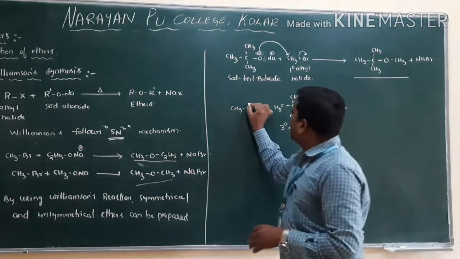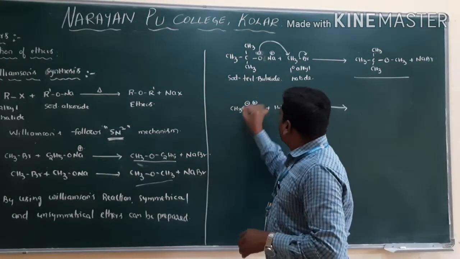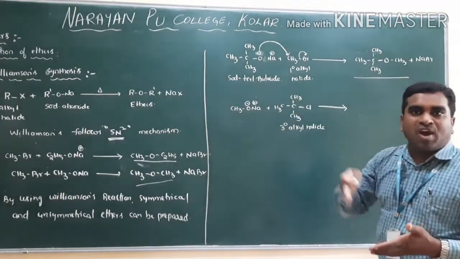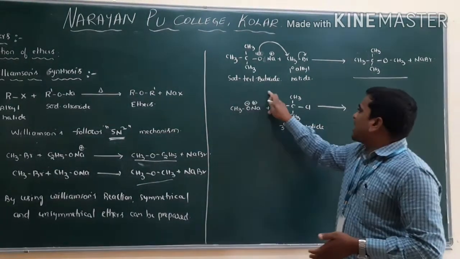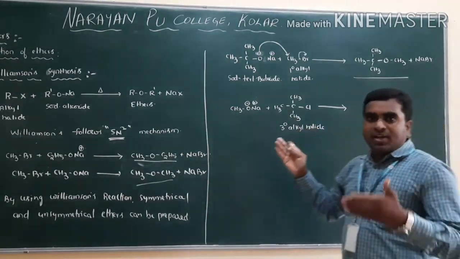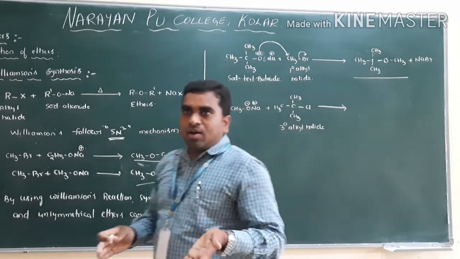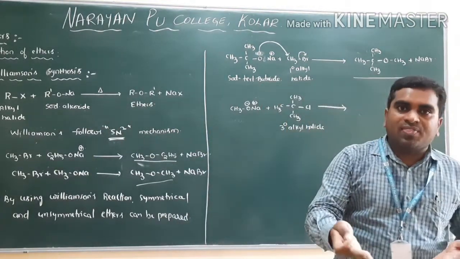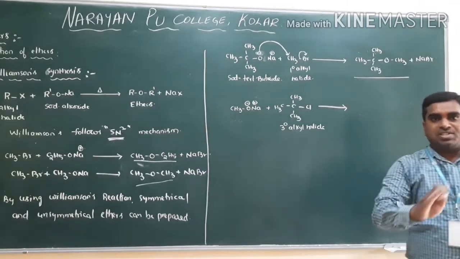Why? Because it is O minus and Na plus, and CH3O minus is a nucleophile. Now it has to attack on the tertiary carbon, but tertiary alkyl halides do not undergo the SN2 mechanism.